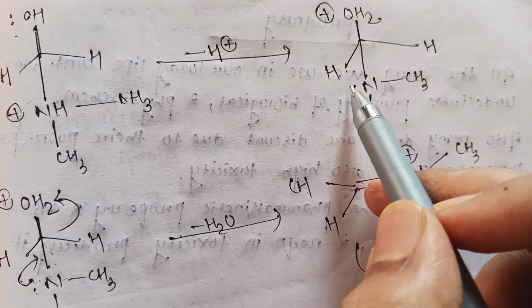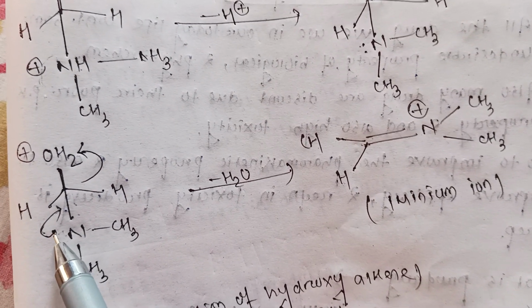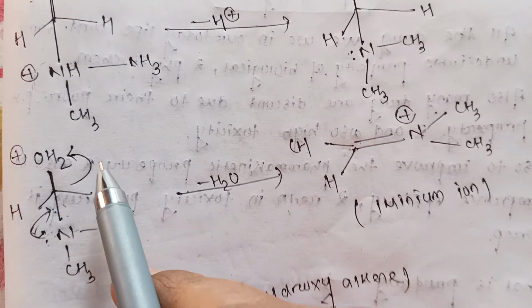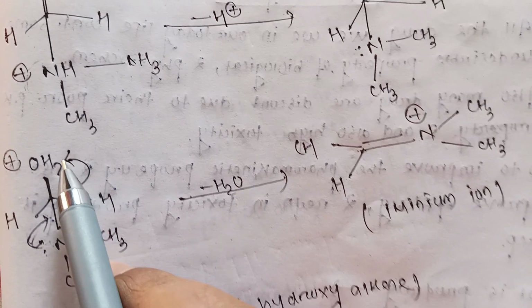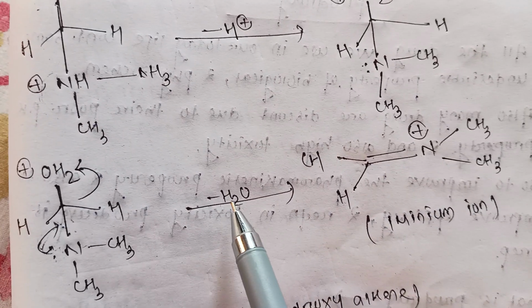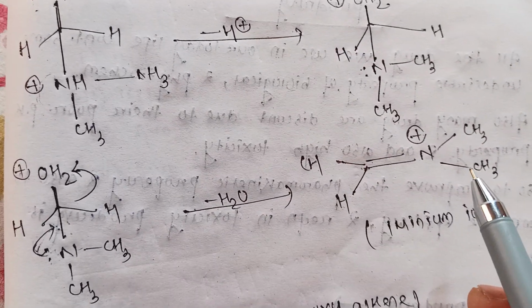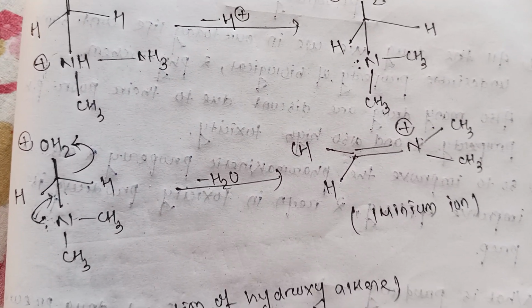In the next step, the nitrogen having the extra electron or lone pair will give it to carbon, carbon becomes unstable, and it will donate its electron toward the oxygen, and oxygen is removed along with hydrogen in the form of water. The water is lost and formation of iminium ion takes place. So this is the first step, please note it down.